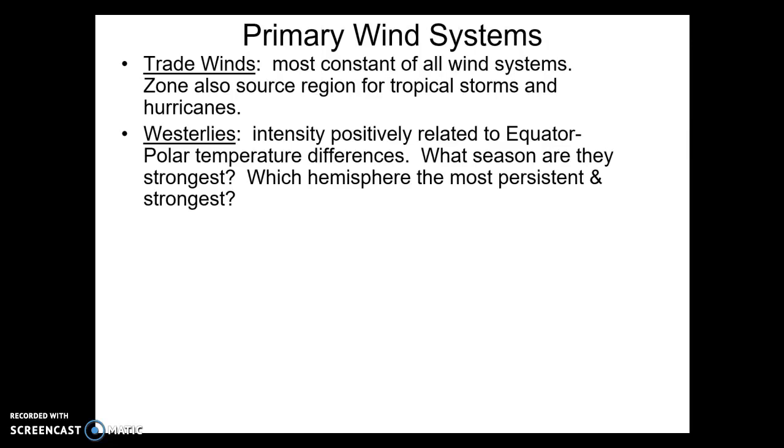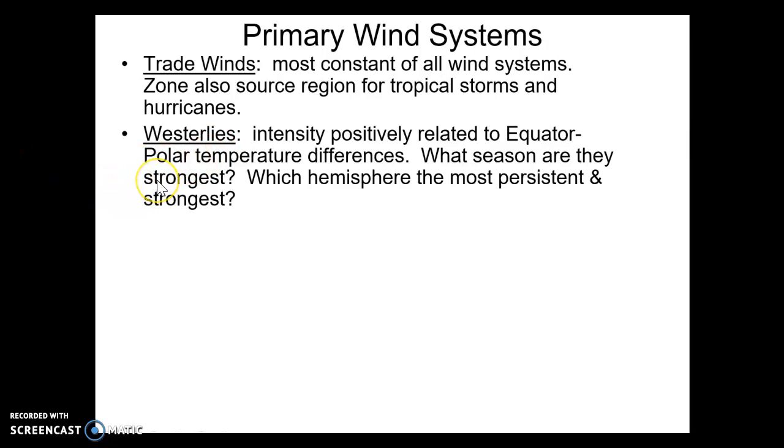Initially, you might pause for a moment and not be sure of the answer to that, what time of year. But if you think about it, the equator temperatures are pretty much constant year round. So when you look for a big equator-pole temperature difference, it has to be during the wintertime, when the poles get really cold. So that's when the westerlies are strongest. So our wintertime: November, December, January, February, into March. That's the time of year when they're the most wound up and the strongest.